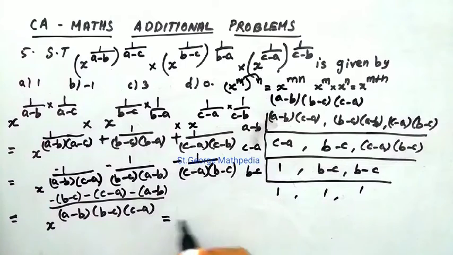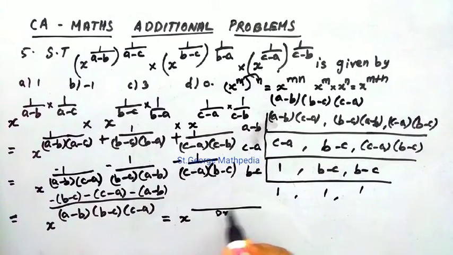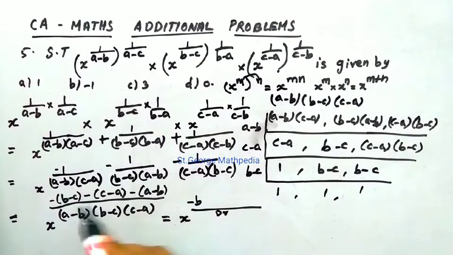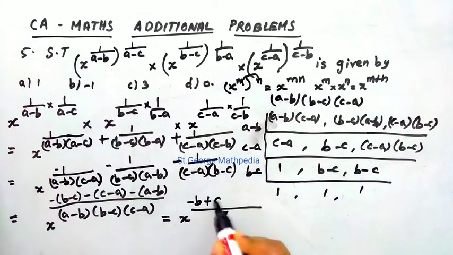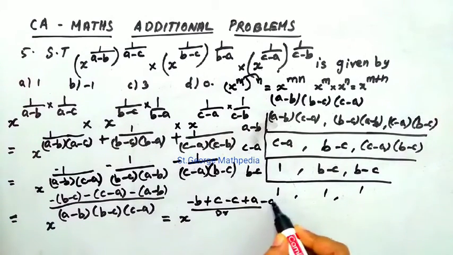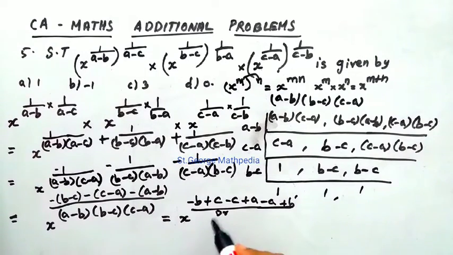Now this is equal to x to the power of the numerator, minus b plus c, minus c plus a, minus a plus b, over the denominator a minus b, b minus c, c minus a.